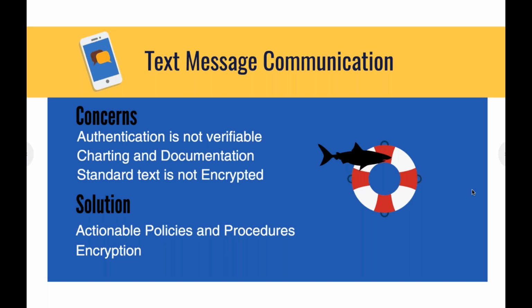You don't know who got that message. You as a provider, you as a practice, if you text people, you have no way of knowing if the correct person received and viewed that message. So it's very important to understand that authentication is paramount in making sure that you're communicating with the right person.